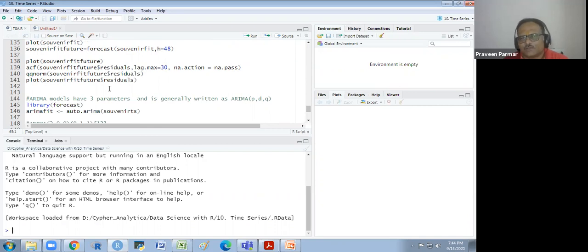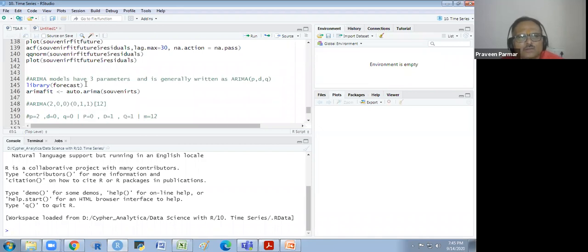And we have the three parameters, P, D, Q. P is for the auto regression, D is for the order of differences, and Q is the order of the moving average.